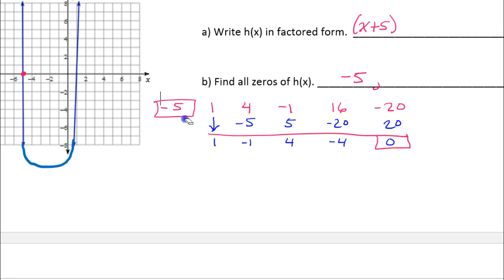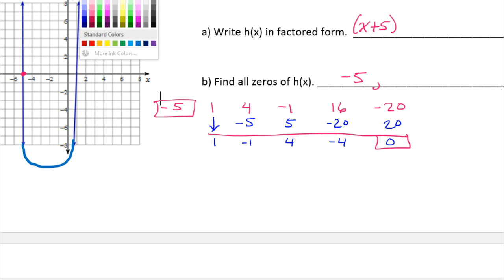So, do over. I'm starting with my -5. I did my synthetic division. I have this. So far, I have this 0 and this factor. But I know we have another 0 of 1 coming.